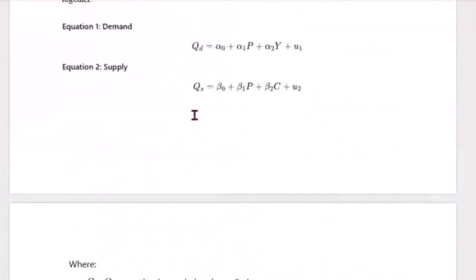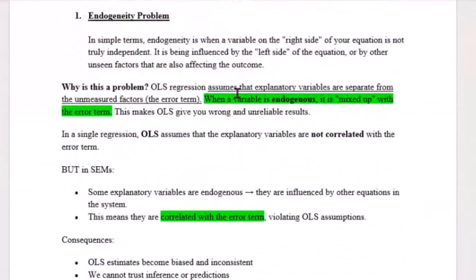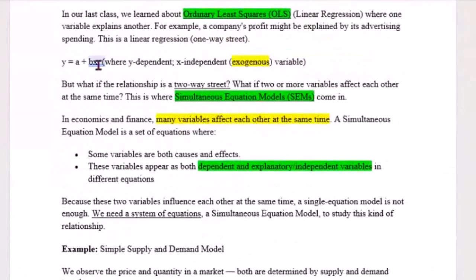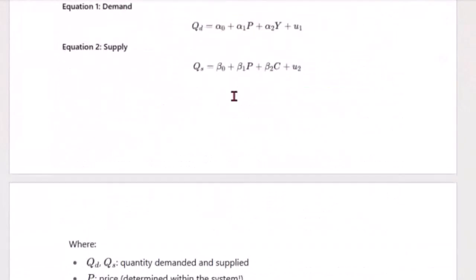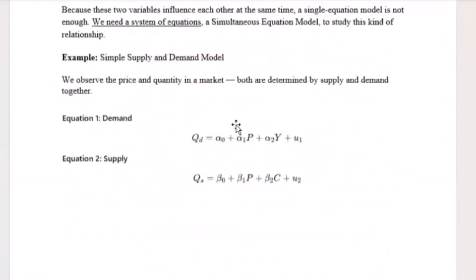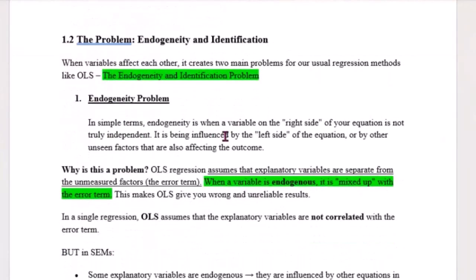Because of that violation, we cannot use OLS if we have such variables. Now imagine we have quantity demanded, price, and income. Then we have this other one, quantity supplied, price, and cost. If we use OLS to run such equations, the results that we will get will be incorrect.